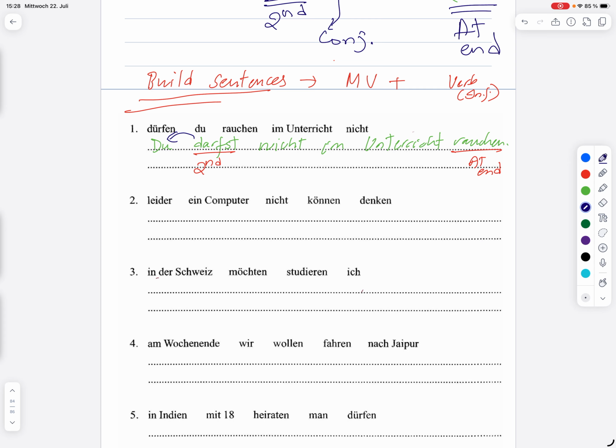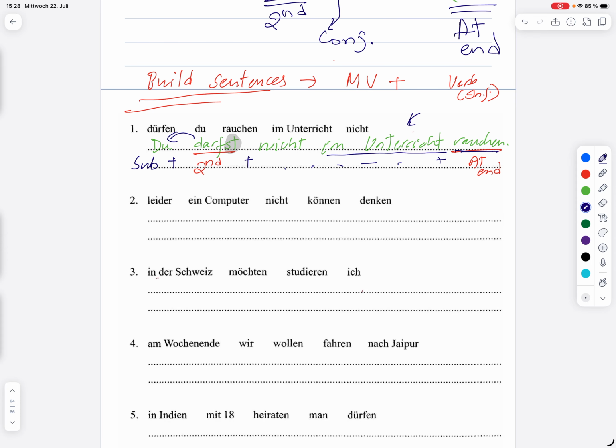Here, du, so we have the st-conjugated verb, and then everything else in between, right? So this gives us the subject, modal verb at the second position, everything else, and then you have the object, or here it is the location, we have no object, or maybe you can say this is the object where you cannot smoke. Rauchen means smoke, and then we have the main verb in the infinitive form at the end, right?